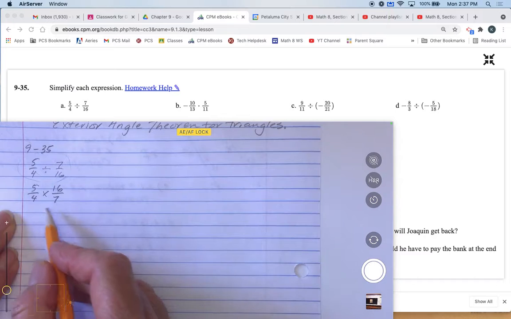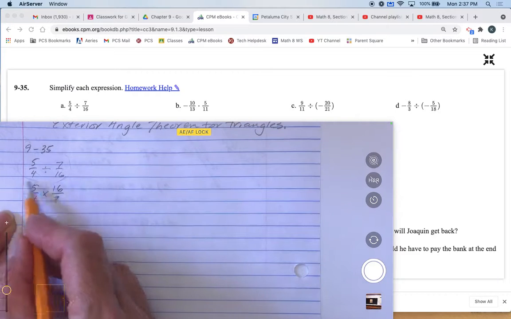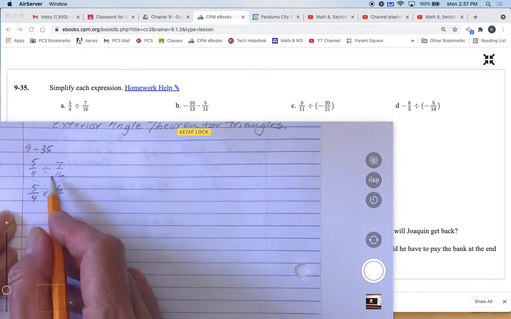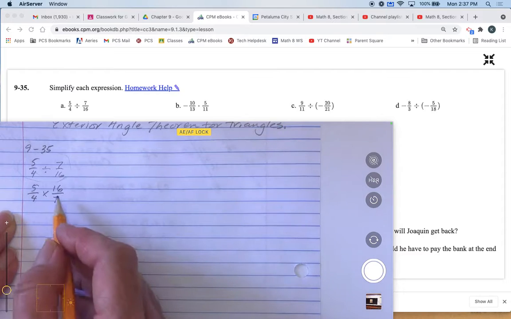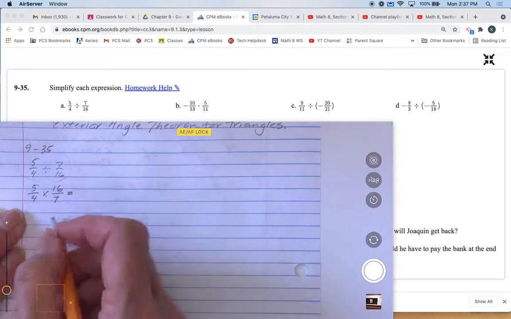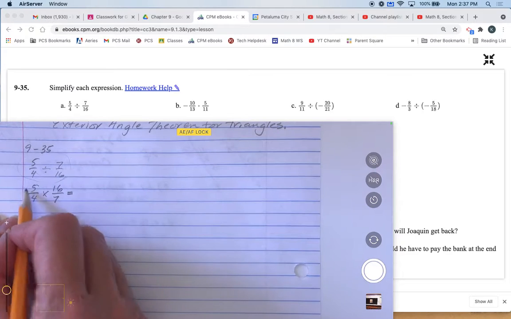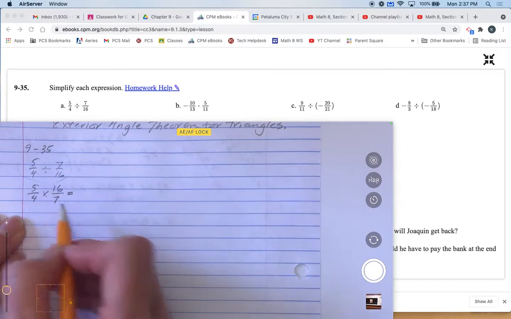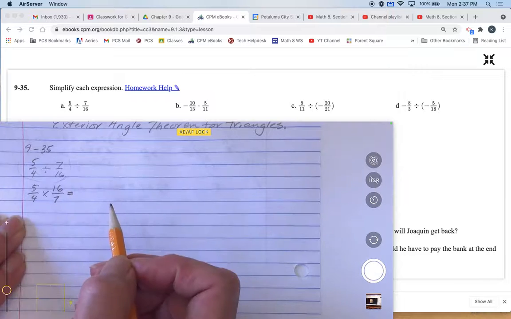I'm going to go ahead and finish this problem, and then I'll tell you why flipping this second term works for dividing fractions. Okay, so first of all, to multiply these fractions now, we just multiply across.